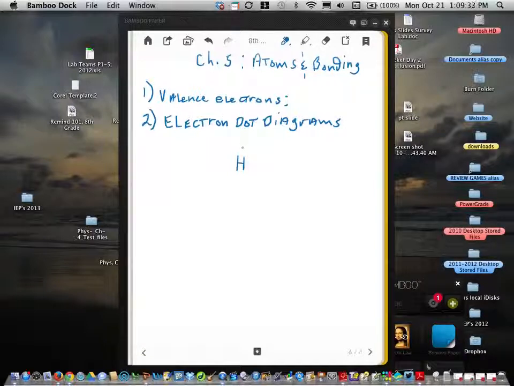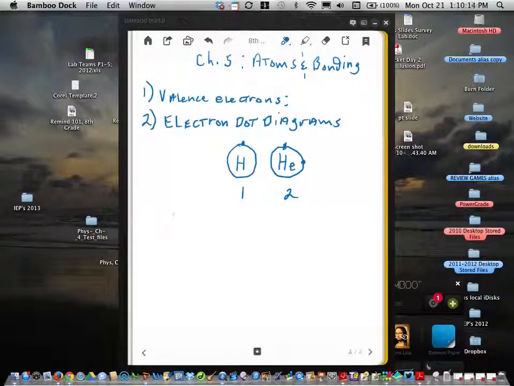In the small elements, there is a shell that is called the 1s shell. Hydrogen has 1 electron in that shell. Helium has 2. So the electron dot diagram and valence electron numbers for hydrogen and helium are 1 and 2. So helium has 2 electrons in the outer shell. Hydrogen has 1.